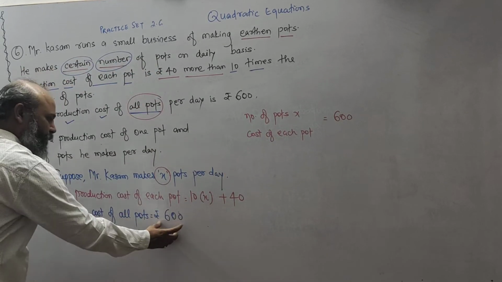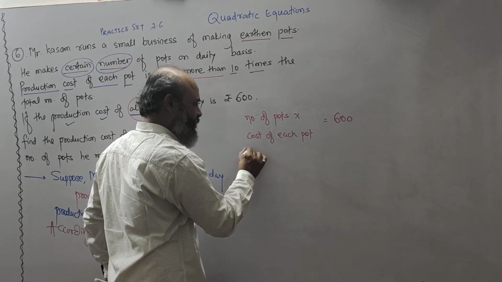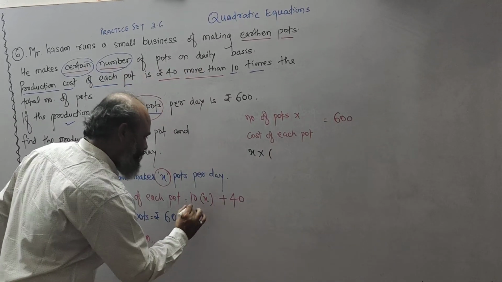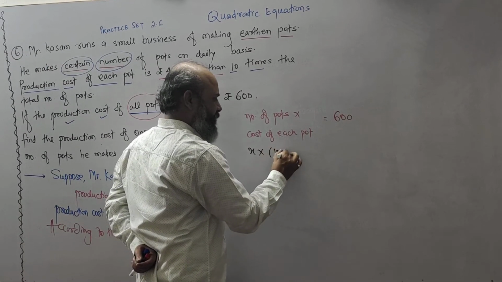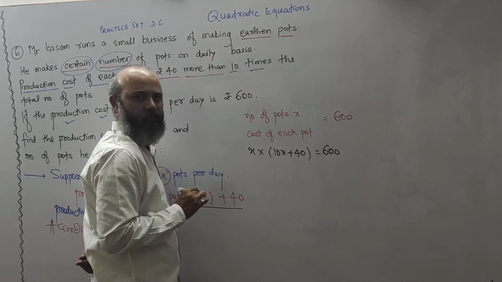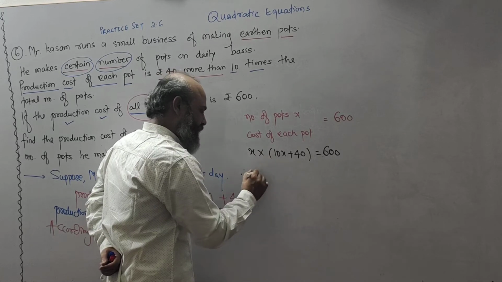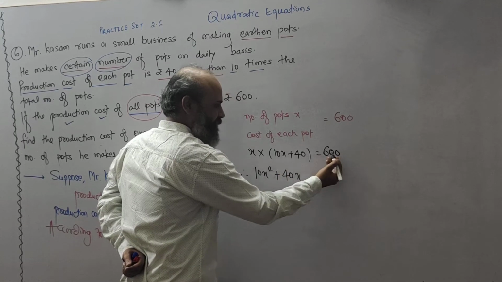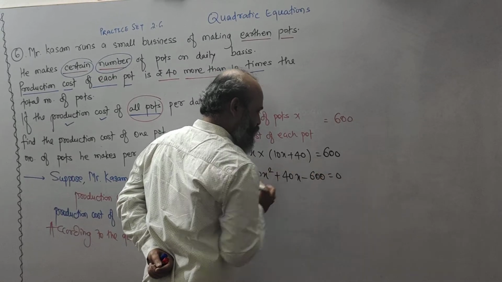So the number of pots is x, into the cost of each pot, which is 10x plus 40, and this is equal to 600. Multiplying, you get 10x square plus 40x, and transferring this to the left hand side you get minus 600 equal to 0.